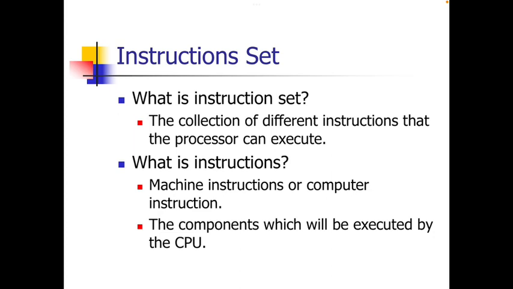After we know about the CPU operation that involves the cycle of fetch and execute, the last part, as you can see in our content, is what we call the instruction set. What is an instruction set? An instruction set is the collection of different instructions that a processor can execute. That means each type of processor has its own instruction set.